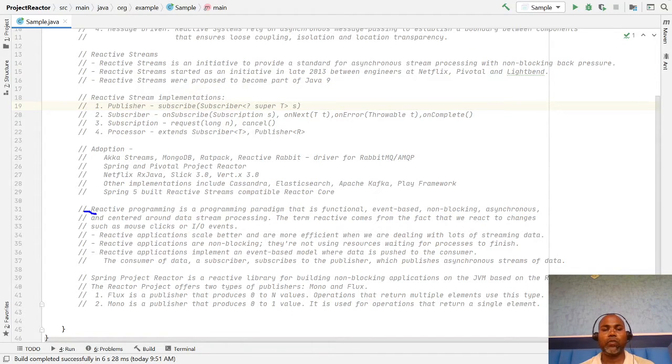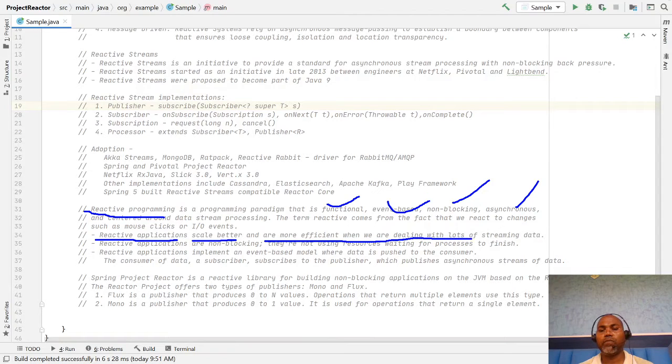If we are writing code for reactive programming, reactive programs have some features. If we write code in a functional, event-based, non-blocking, asynchronous way, then your application automatically scales better and is more efficient when dealing with lots of streaming data.